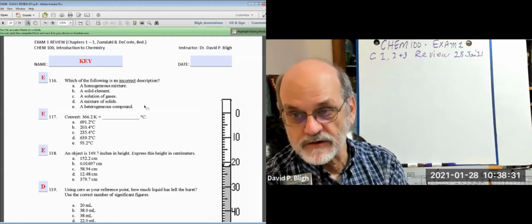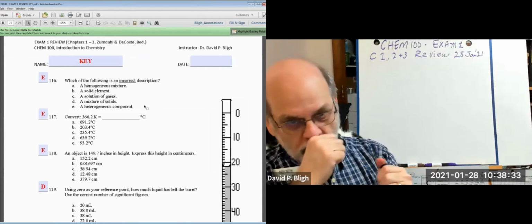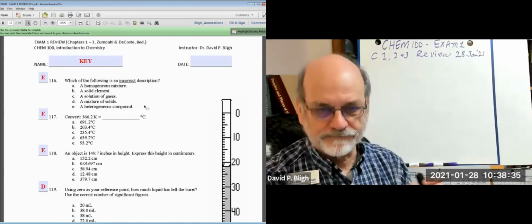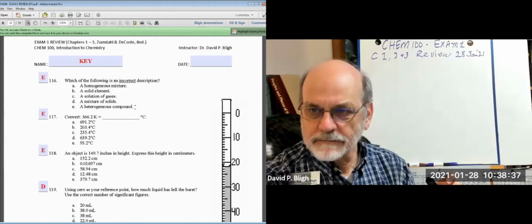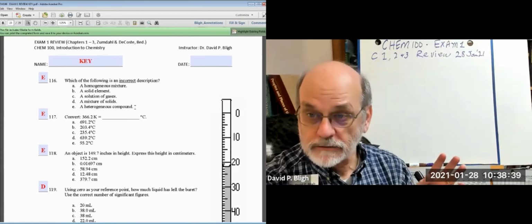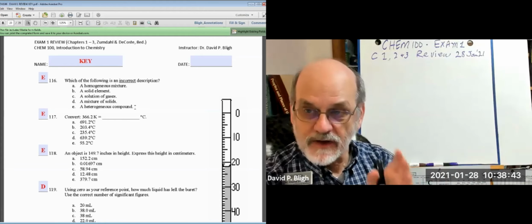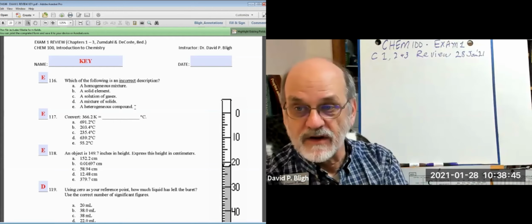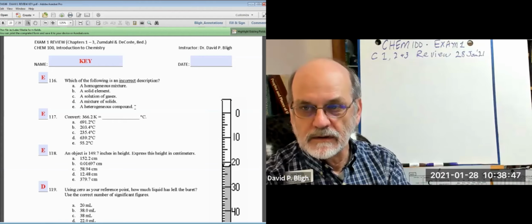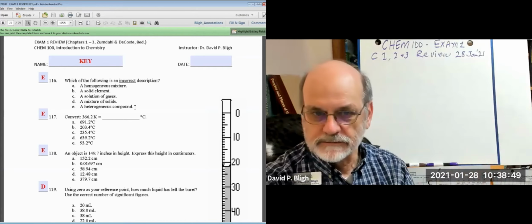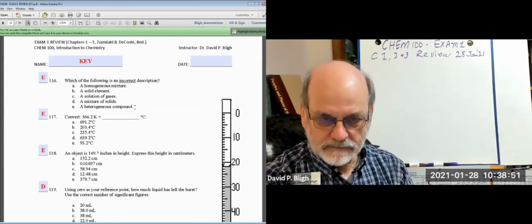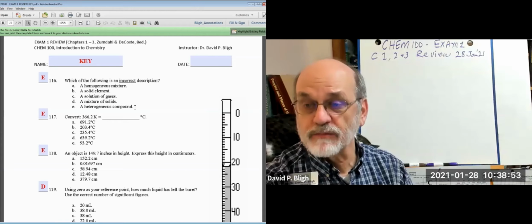You have to take a look at that video because we didn't have that in class, but I posted it. A compound is pure, and the percentage by mass of the elements in a compound is always the same, no matter where the compound comes from. That's the law of definite proportions.